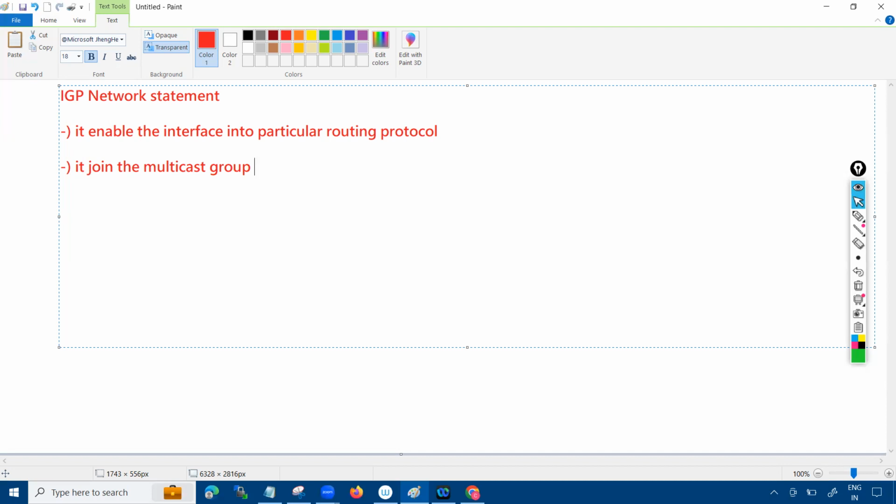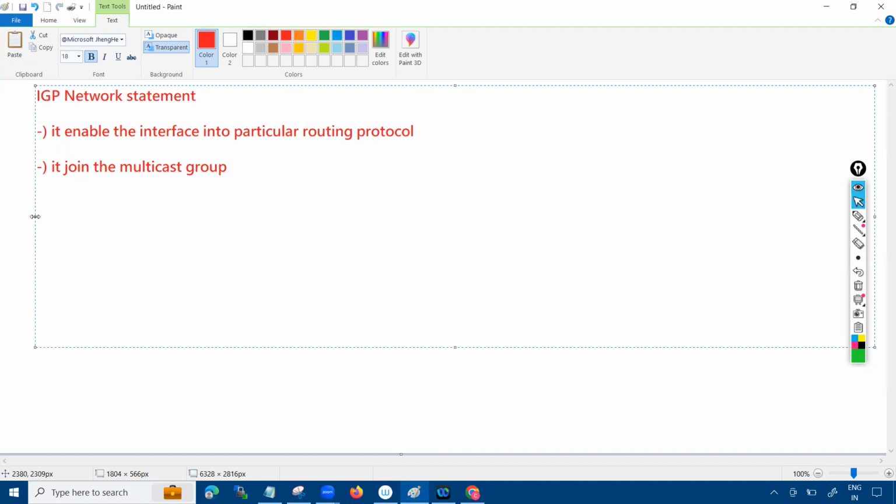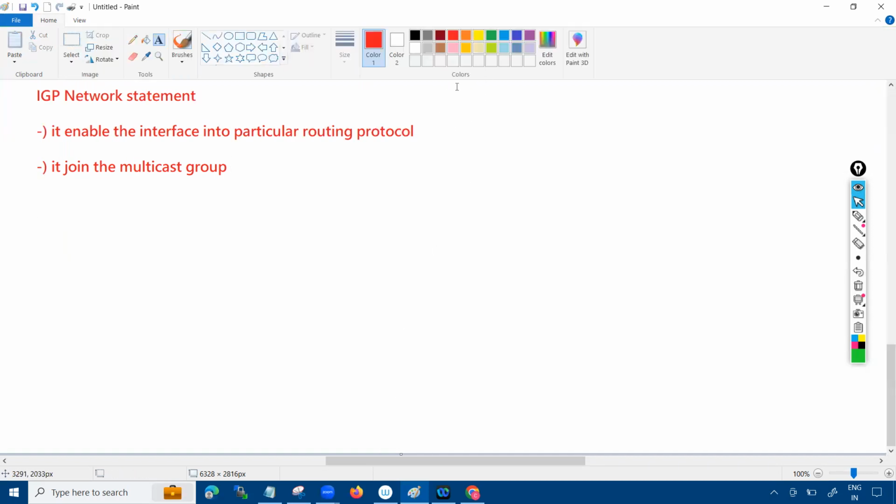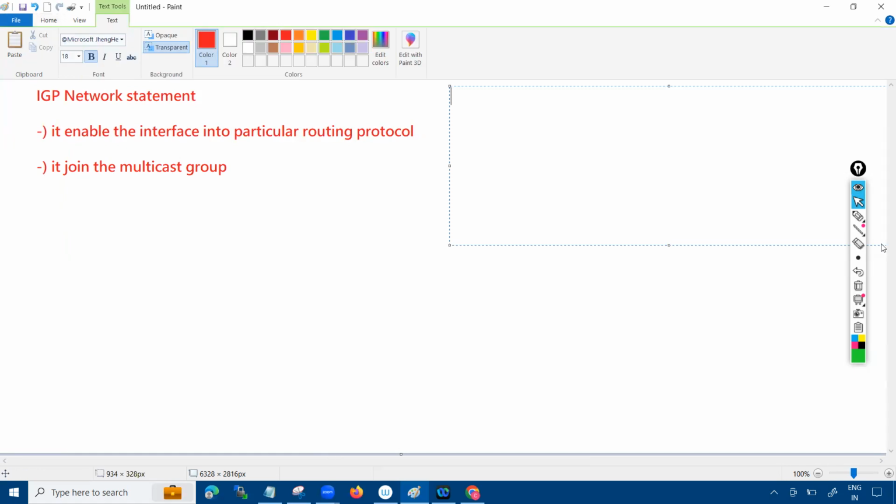It advertises the network. That's not a completely correct statement, as I told you, but to make it easy to understand, you can say that as well. Second thing, if I talk about the BGP network statement, see the difference. It just advertises the route.